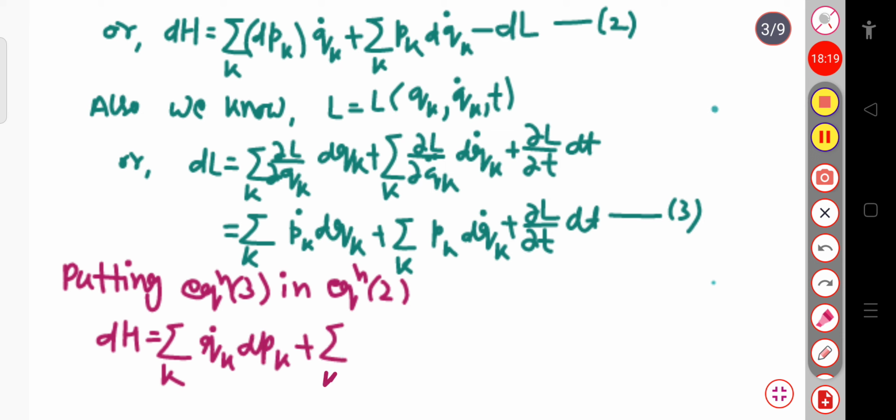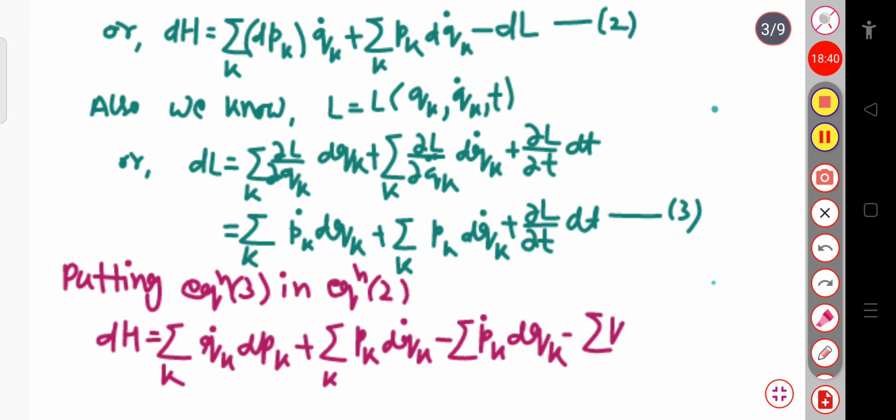Up to this much I will write. Now I will write minus dL. For this minus dL I will write this equation 3: minus sum over k pk dot dqk, minus sum over k pk into dqk dot, minus dou L by dou t into dt.